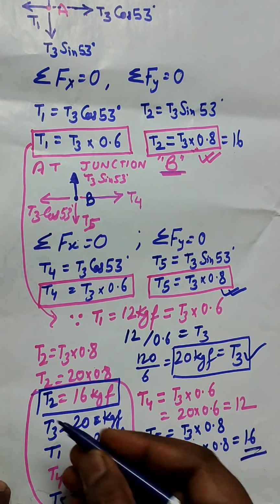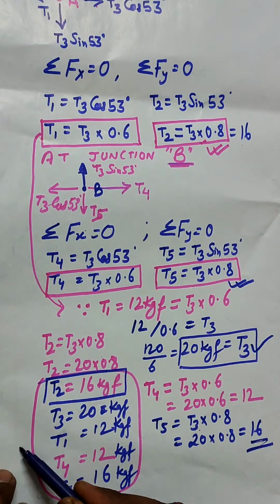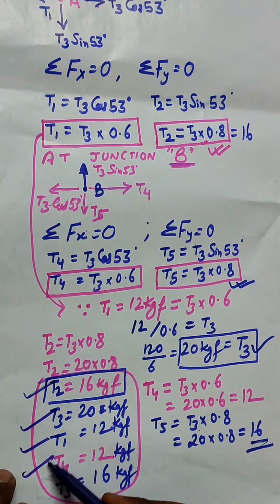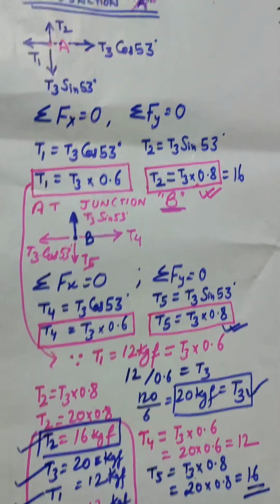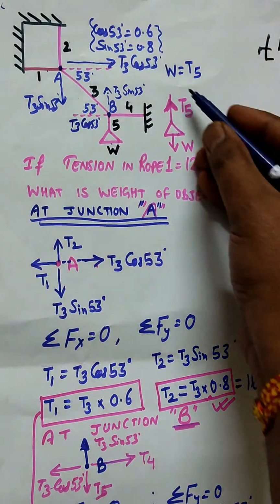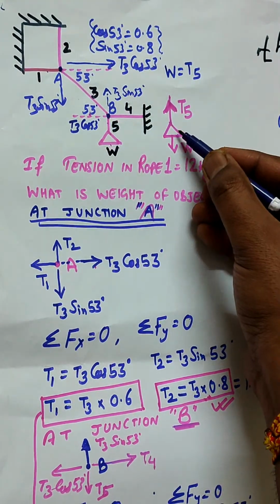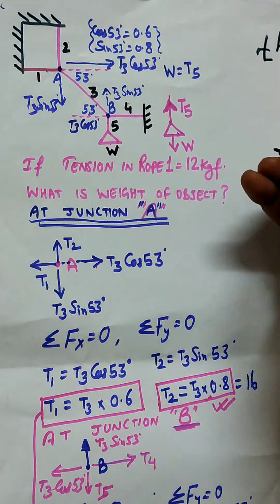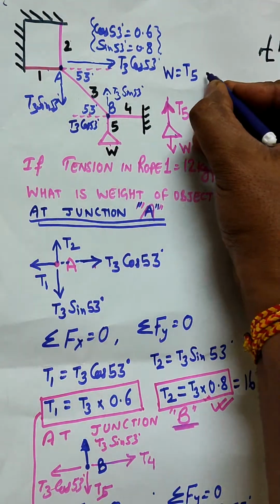We have calculated T2, T3, T4 and T5, while T1 is given to you. So from here, W equals T5 because this weight is suspended through this rope, and the value of T5 is 16.